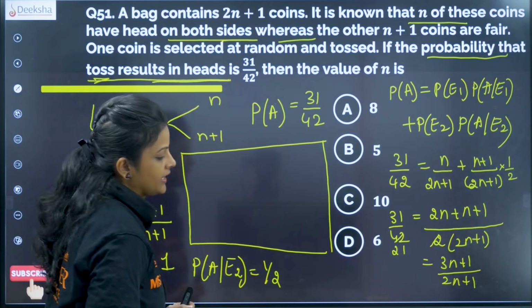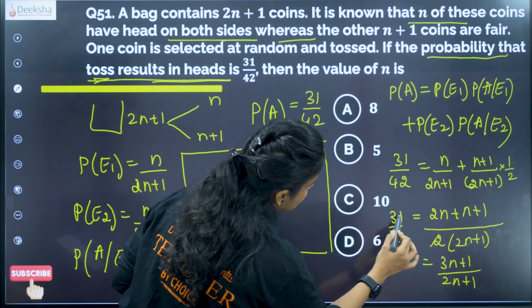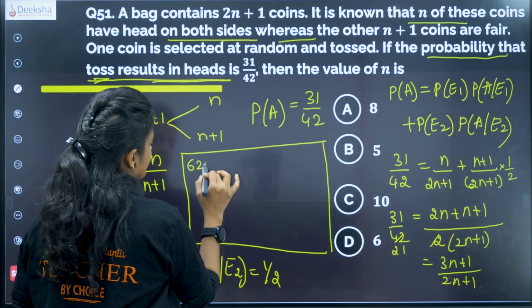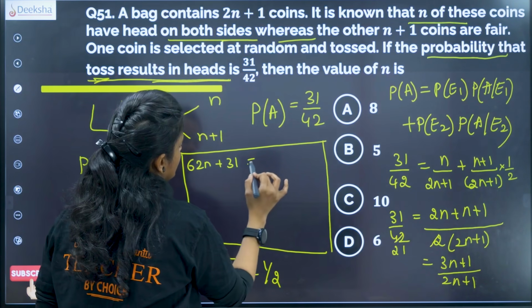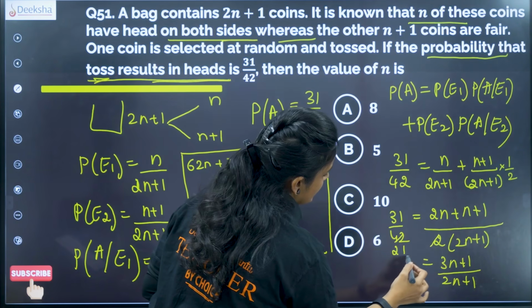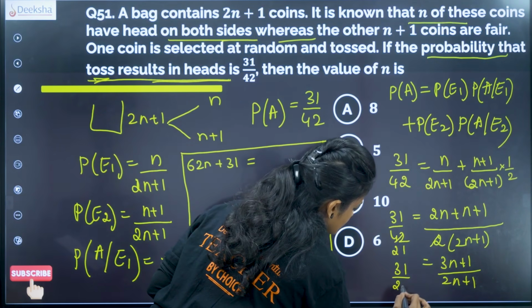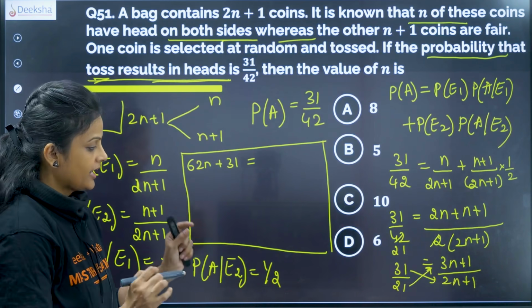I'll put that cross multiplication in this box. 2 times 31 will give you 62, so 62n plus 31 is equal to, cross multiply these two carefully.